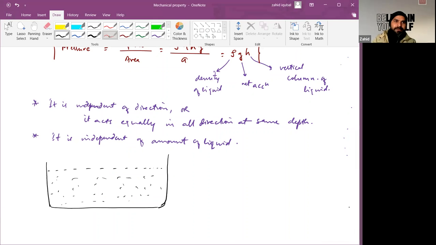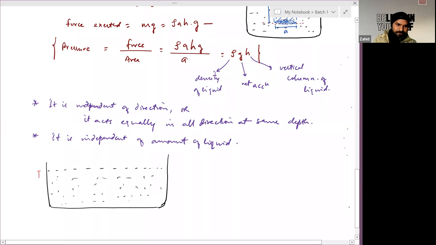So at the same depth, let's say from this point to this point, H, if you draw a horizontal line, pressure P1 is along this direction, P2 is along this direction, P3 is along this direction, and P4 is along this direction.